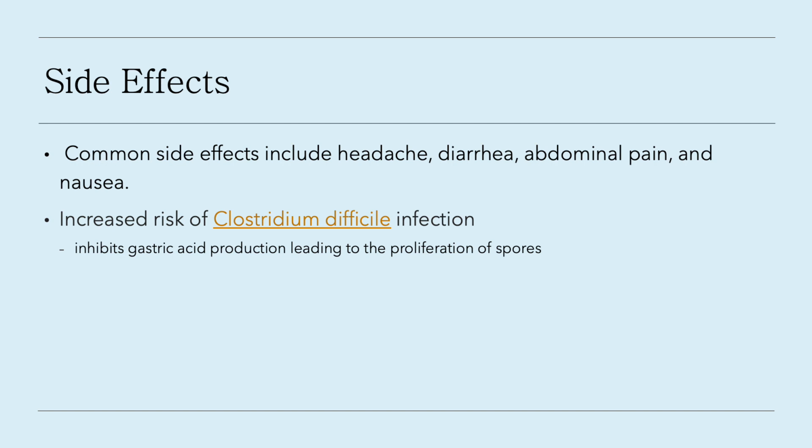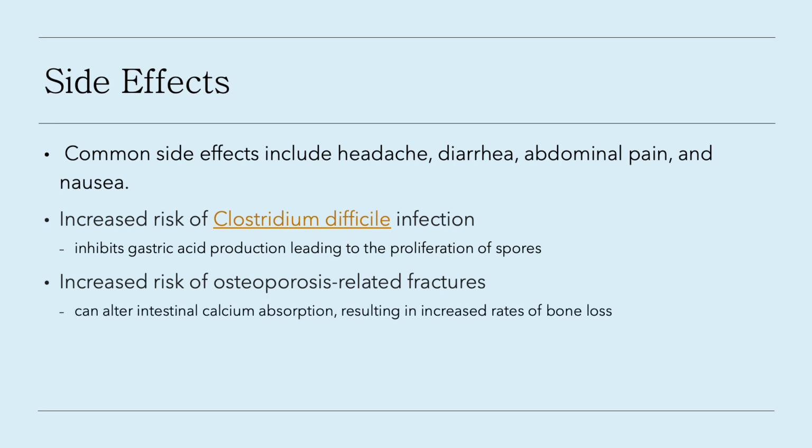Your body can start building up types of bacteria. There is an increased risk for osteoporosis related fractures. It says it can alter your intestinal calcium absorption, resulting in an increased rate of bone loss. So remember, calcium, bones, bone loss, fractures.